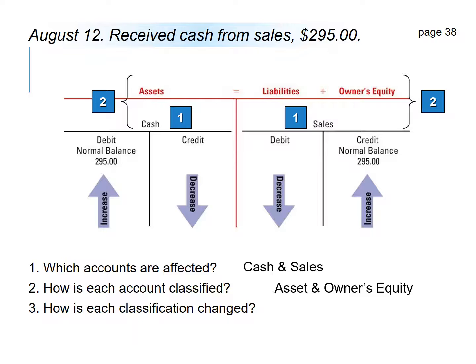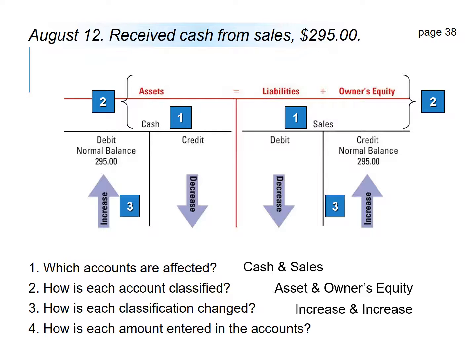How is each classification changed? We receive cash, so our cash account is going to increase, and we receive sales, which means owner's equity will increase because sales increases the value of the business. So we have two increases.